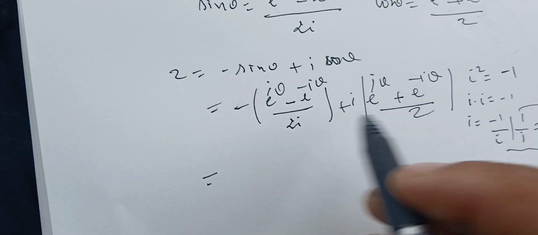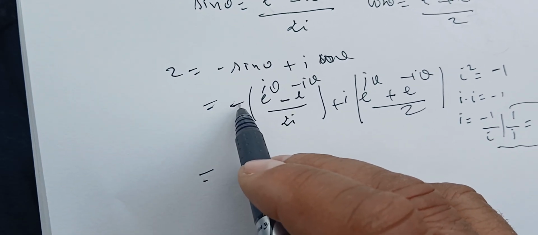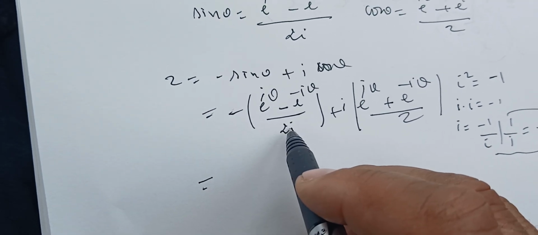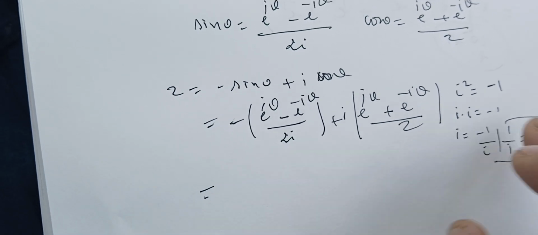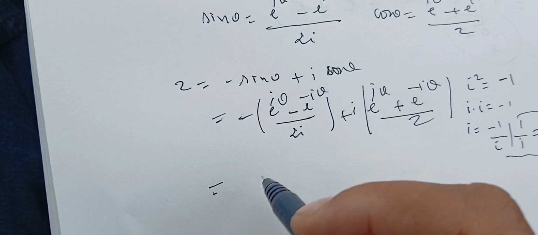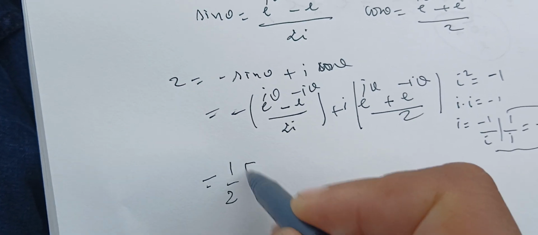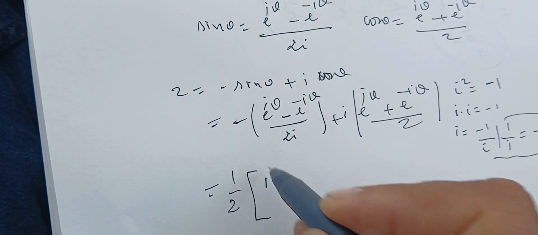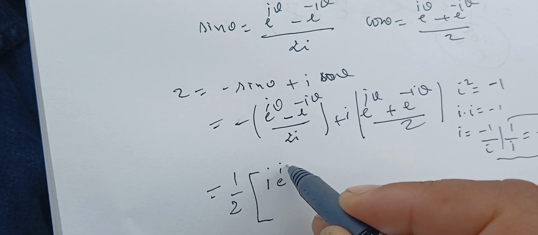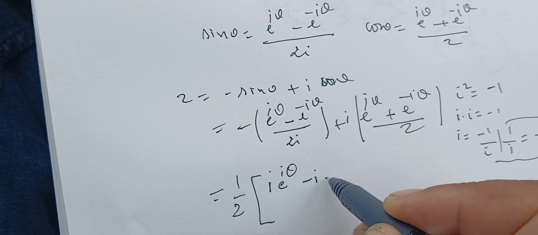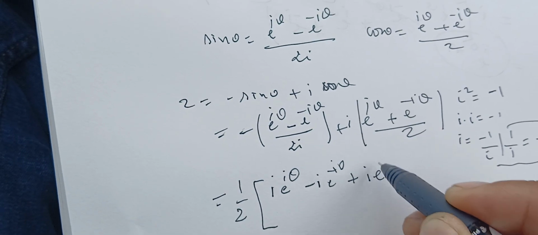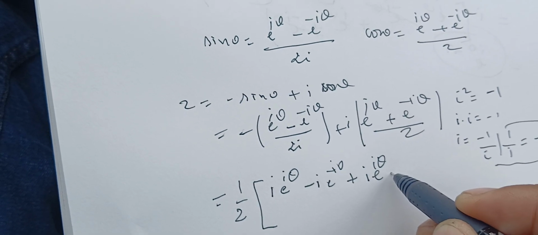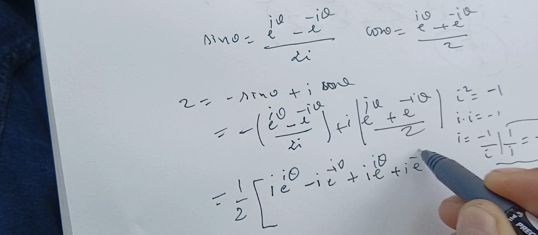Once we multiply, we get an i. So we have 1 over 2 times: i e to i theta minus i e to minus i theta plus i e to i theta plus i e to minus i theta.